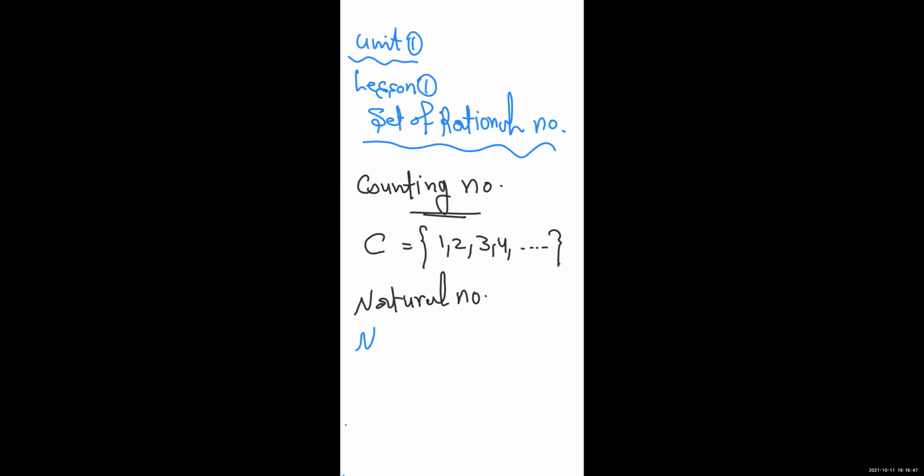Actually, natural numbers are the same as counting numbers, but in addition to the number 0. So 0, and then 1 and 2 and 3 and 4 and so on. And then finally, we studied the next set, which is the set of integers.